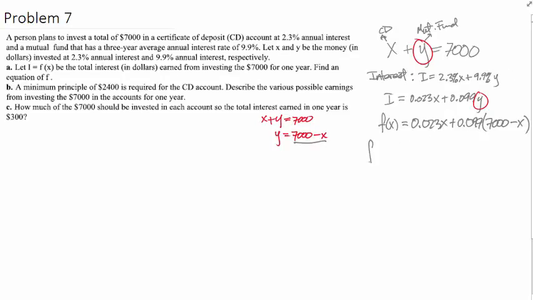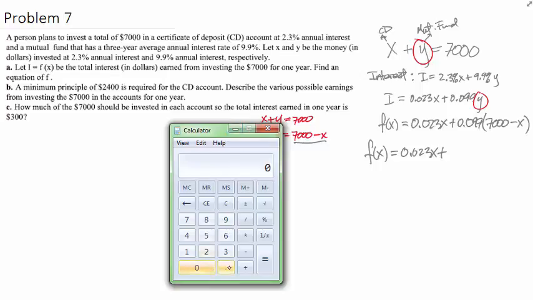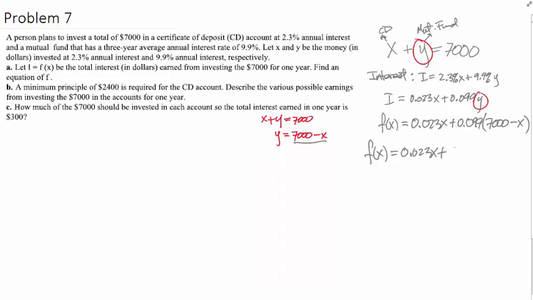So simplifying this, f of x is equal to 0.023x plus, now we need to multiply 0.099 times 7,000, and I get 693, minus 0.099x. So last thing I want to do is subtract that.